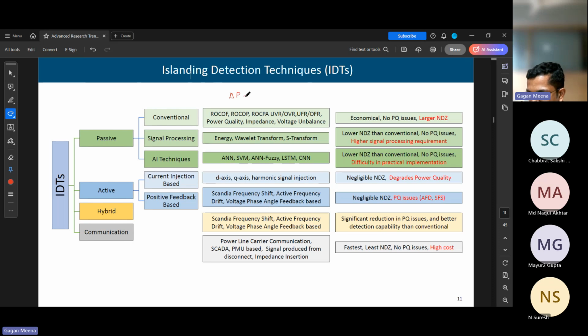So the power mismatch, delta P, equals P load minus P DG. If this mismatch is less than a particular percentage, let's say 15 percent for these passive detection techniques, then the islanding is not detected.